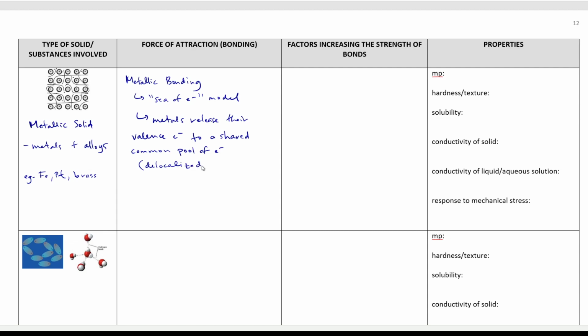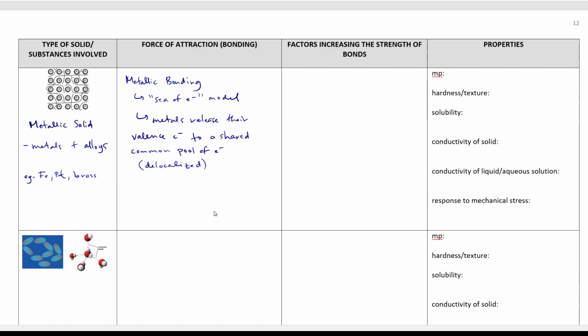Because these electrons are not local to the metals anymore. They're released into the sea, and then the electrons can navigate, if you will, throughout the cations in the solid.